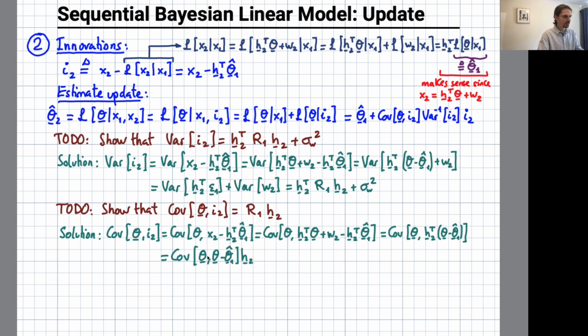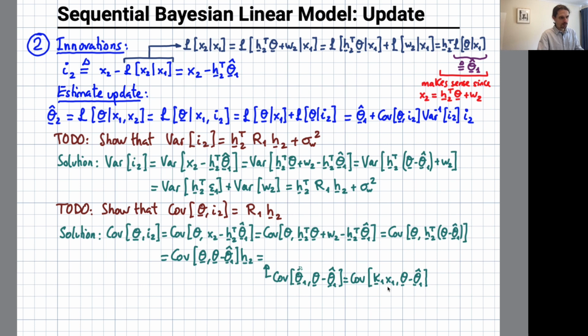So we are missing here a minus theta 1 hat in order to write it this way. Let's see if we can add it somehow. To that end, let's look at this covariance here, where this is the LMMSE estimator from the first step, which we showed was given by this product here.